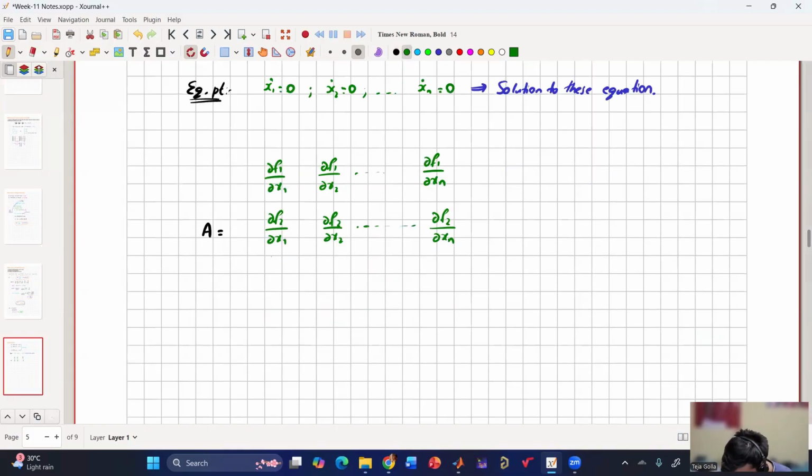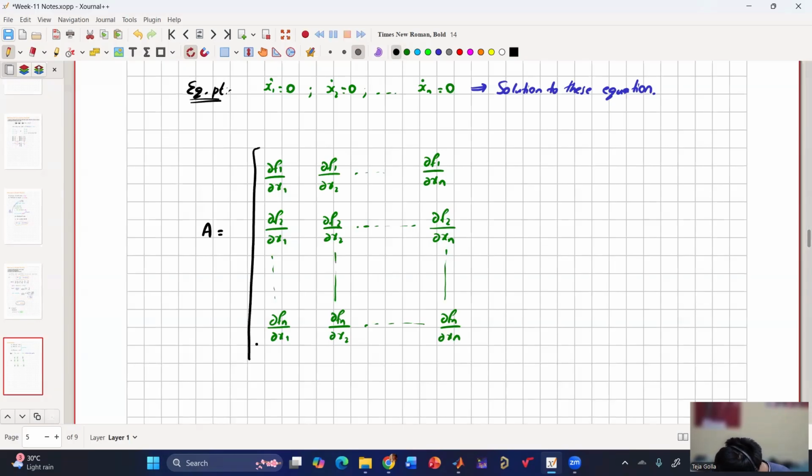Then coming down to the last row: dou Fn by dou X1, dou Fn by dou X2, up to dou Fn by dou Xn. So this is the overall matrix A. Basically, if I write it in terms of the state space model, it would make more sense. So we have x1 dot here, x2 dot here, up to so on, xn dot here.